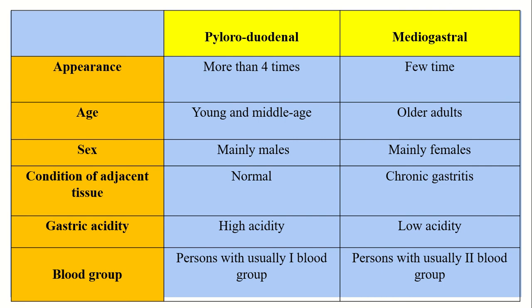Gastric acidity is high in pyloroduodenal ulcers, low in mediogastral. Pyloroduodenal ulcers develop in persons usually with the first blood group, but mediogastral ulcers in persons usually with the second blood group. Interesting facts also.